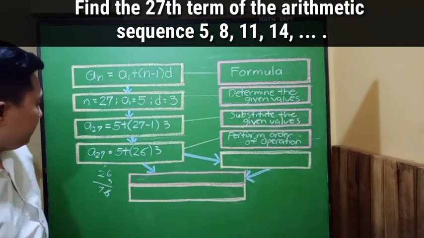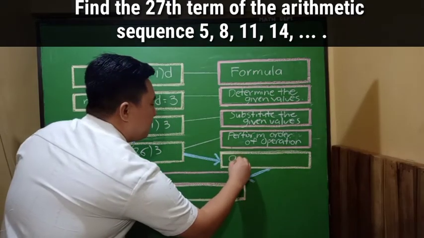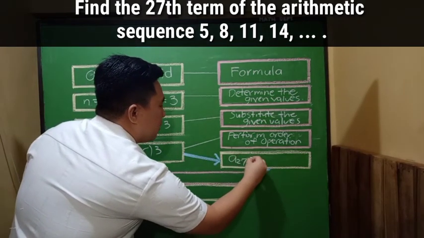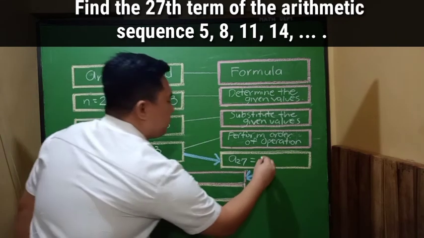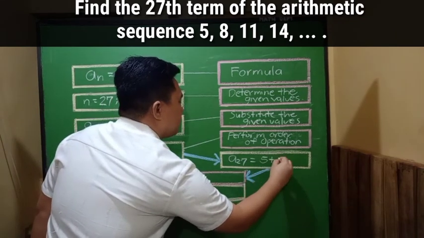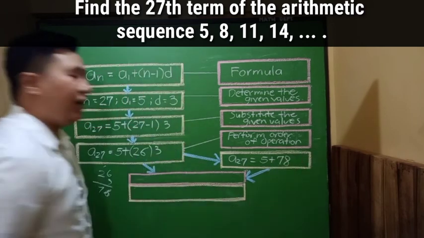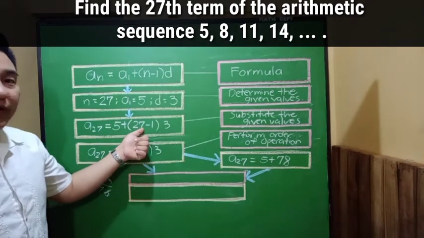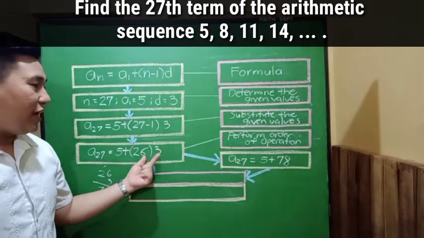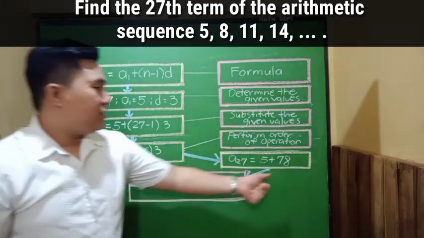So we have a sub 27 equals 5 plus 78. Okay? So after we simplify parentheses, we multiply. So 26 times 3 is 78.